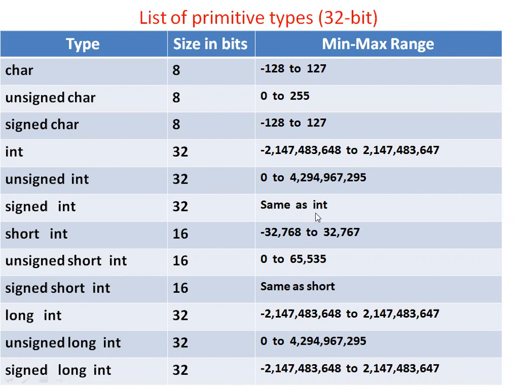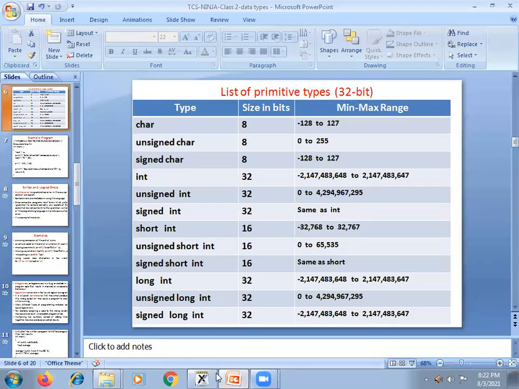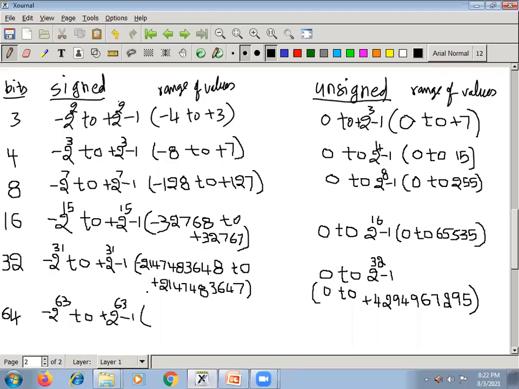These are the ranges of values we calculated. Hope you can remember all of them, especially char, unsigned char, int, signed int, unsigned int, then short int and long int. All these values we can remember by using the formulas we arrived at. Please write down these range of values.